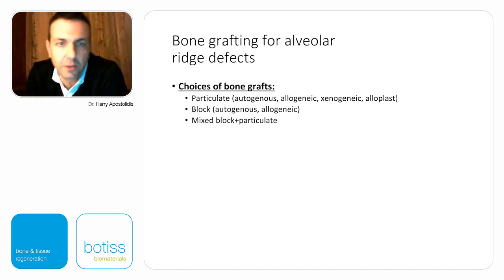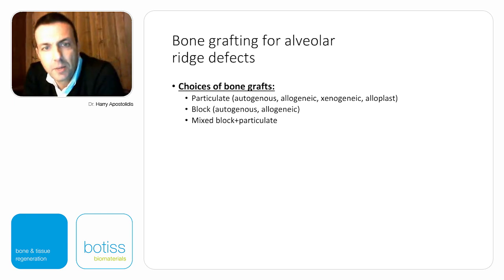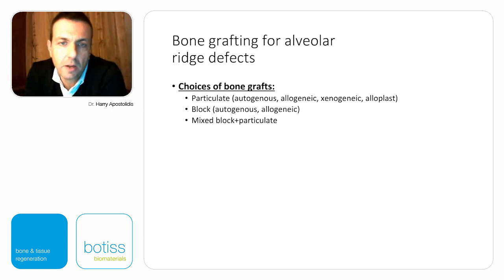We use block and particulate. The particulate is either autogenous, it can be autogenous cancellous bone, or autogenous surface scrapings of cortical bone, which I like using, allogenic bone, xenogenic bone, or alloplastic materials.